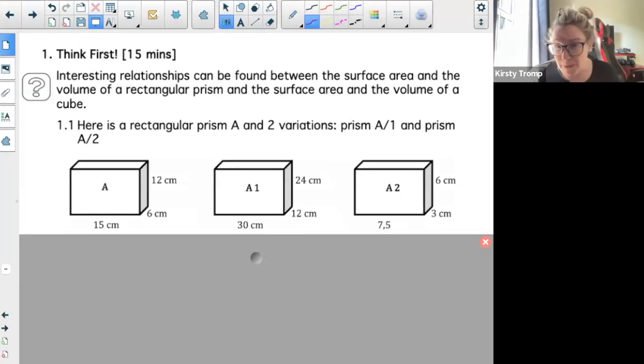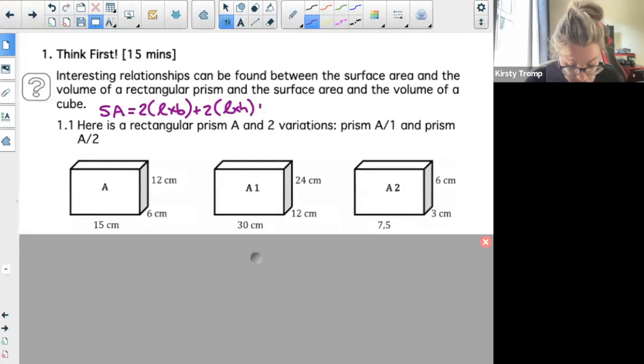The first thing I want to make myself a note about is the surface area for a rectangular prism. In order to calculate the surface area of a rectangular prism, I've got to have 2 open brackets length times breadth plus 2 open brackets length times height plus 2 open brackets breadth times height.